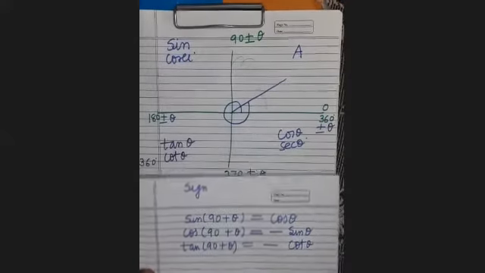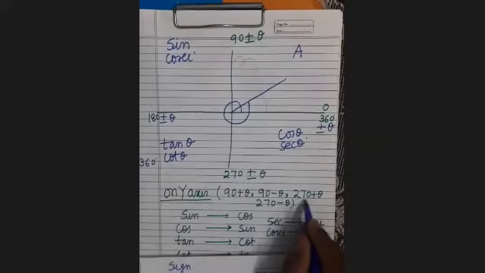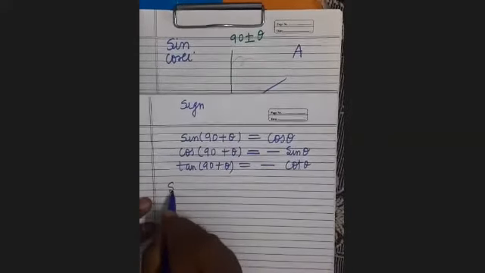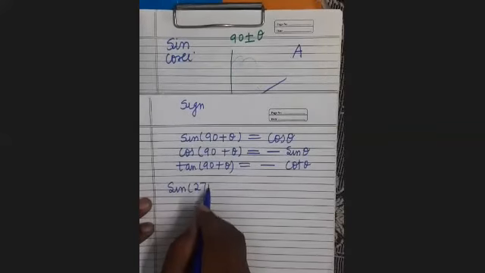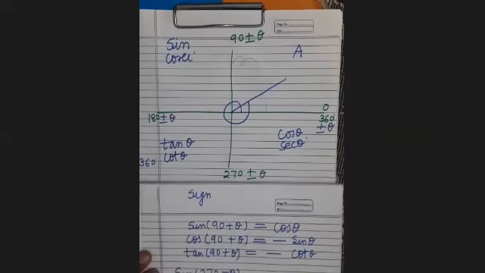Now see here. जब एंगल इस टाइप का हो 270 plus theta or 270 minus theta, you see here. Sin 270 minus theta. It will be in which quadrant? Third quadrant.